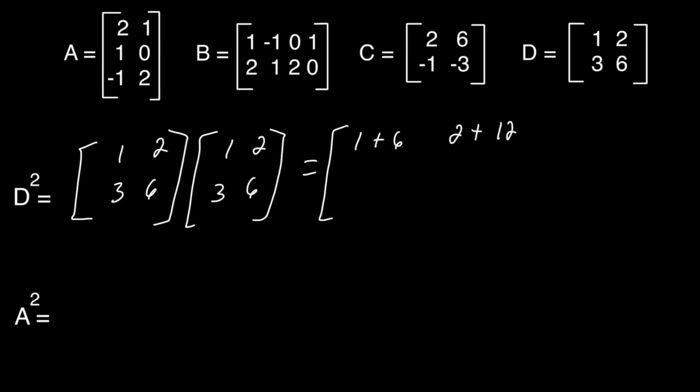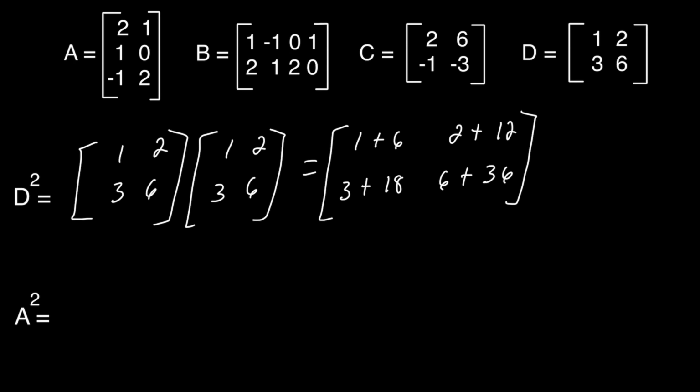So what's 3 times 1? 3 times 1 is going to be 3. Now what is 6 times 3? It's going to be 18. What's 3 times 2? That will be 6 plus 6 times 6, which is 36.